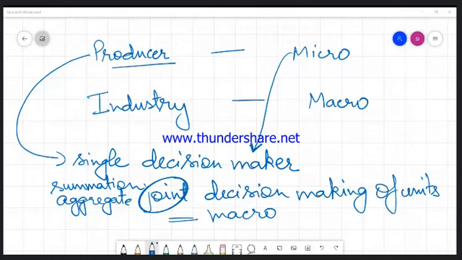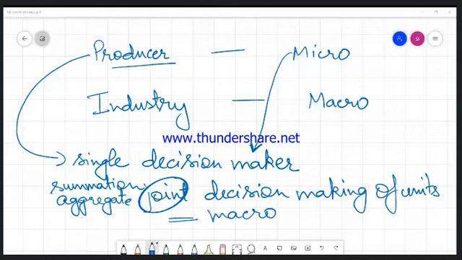Try to understand it from the theory perspective. If you are studying the aggregate behavior, it is macroeconomics. If you are studying the individual behavior, it is microeconomics. So microeconomics is very separate from macroeconomics. So there is no question of being a subset. And similarly, it is not a summation.